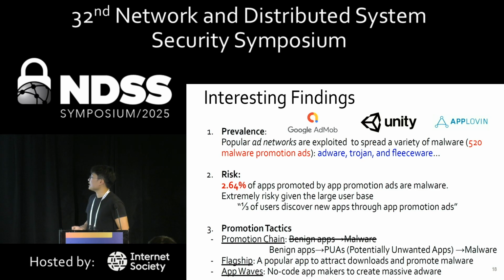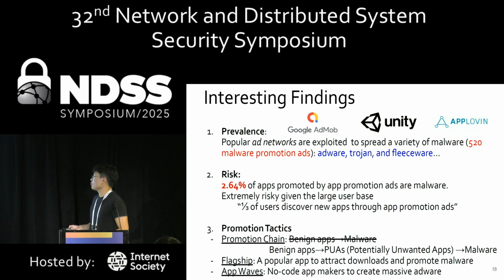Here are the interesting findings. First, we find that malware promoted by app promotion ads is prevalent. Popular ad networks are exploited to spread a variety of malware. We found 520 malware promotion ads.